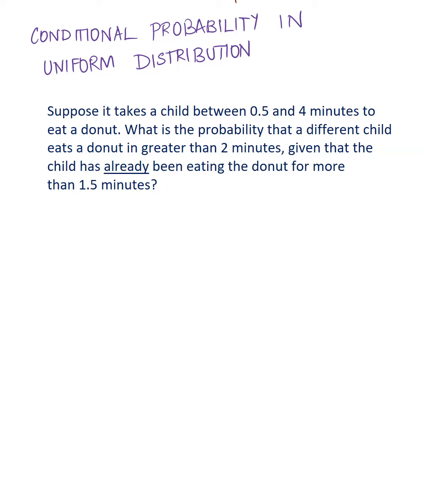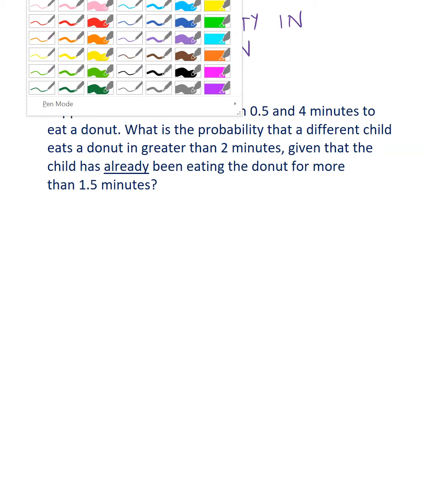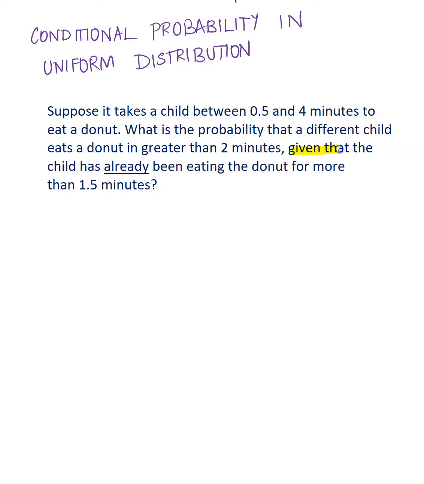So I'm going to use this example to illustrate it. Suppose it takes a child between 0.5 and 4 minutes to eat a donut. What is the probability that a different child eats a donut in greater than 2 minutes, given that the child has already been eating the donut for more than 1.5 minutes? Okay, right there, that's a classic expression for conditional probability, given that the child has already, right?